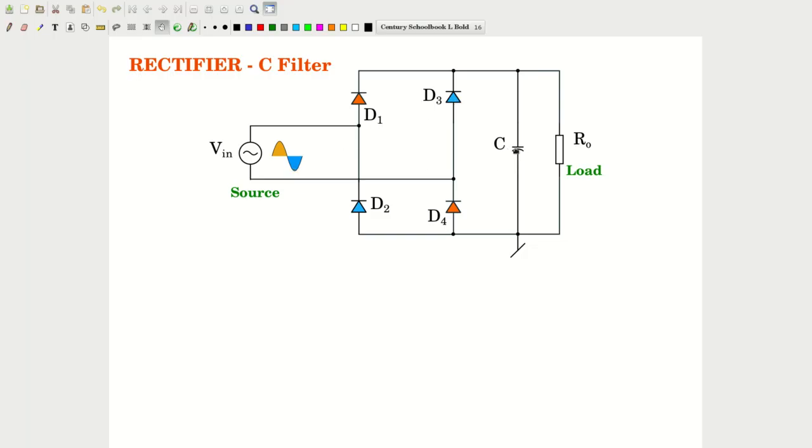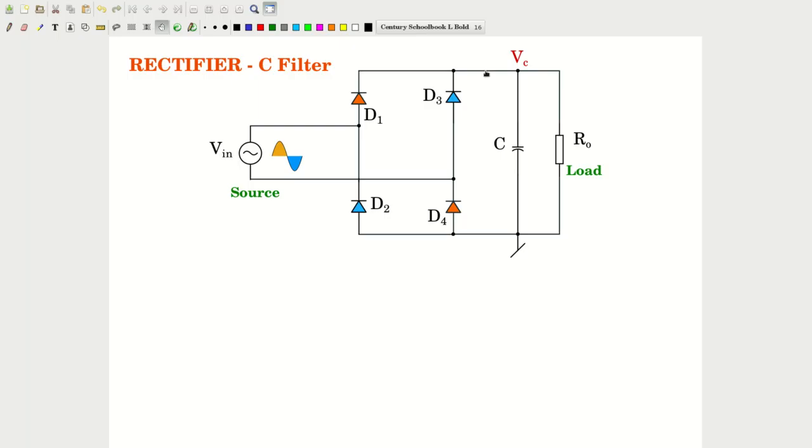This is the capacitor C and a load R0. For now we have put a resistive load. The point of interest is here, and that is called VC. VC, the voltage across the capacitor, is of importance because that is the voltage that the load will also be seeing, and this would be the filtered voltage.